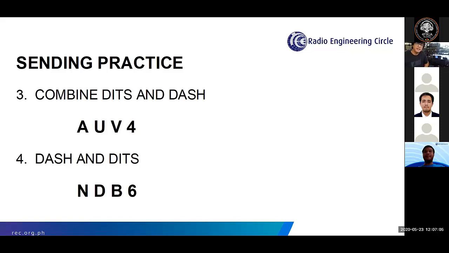And B is 3 units of dit and 1 da. And 4 is 4 units of dit and 1 da. So if you look at it now, A is dit da, U is dit dit da, B is dit dit dit da, and 4 is dit dit dit dit da.